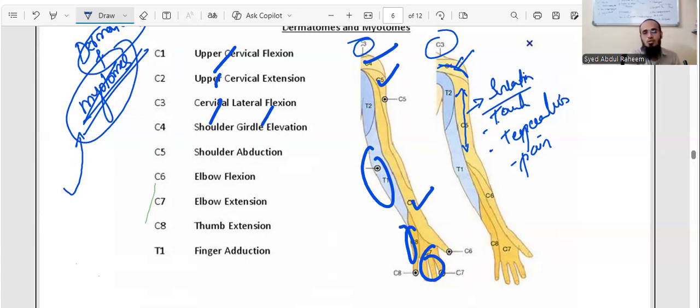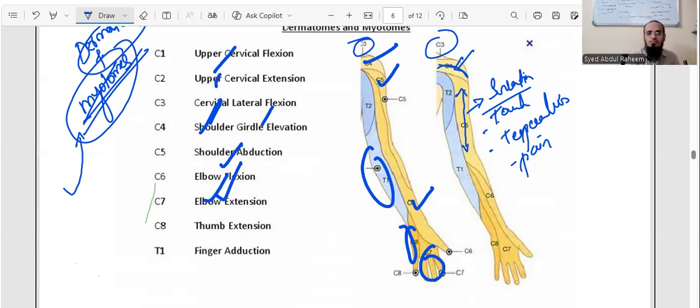C3, shoulder girdle elevation. C4, shoulder abduction, as I showed. Elbow flexion, I showed. Elbow extension. Thumb extension. Finger adduction, this is adduction, this is abduction.